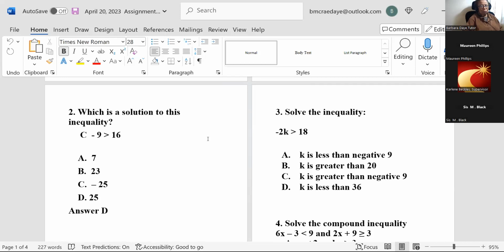But if you don't see a sign, like here, it means it's plus. But the minus 9 here, that means you're doing subtraction. That minus here is the subtraction, taking the difference.